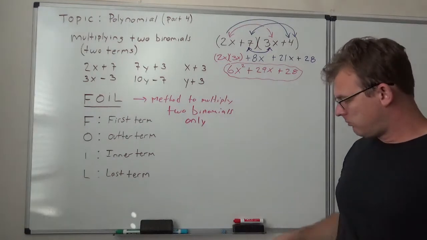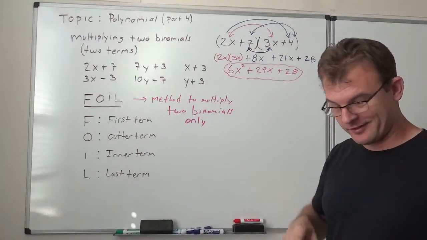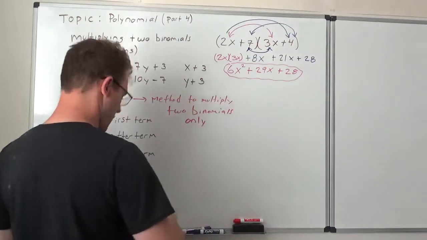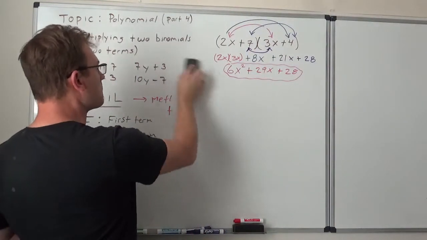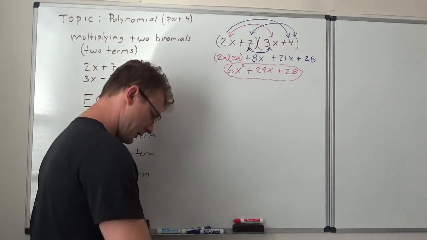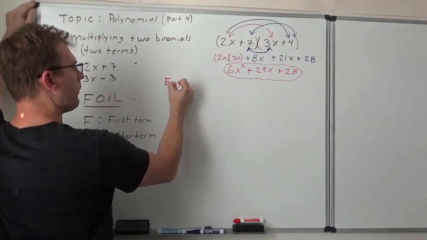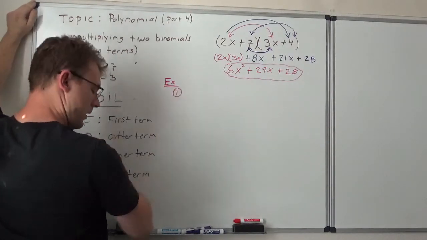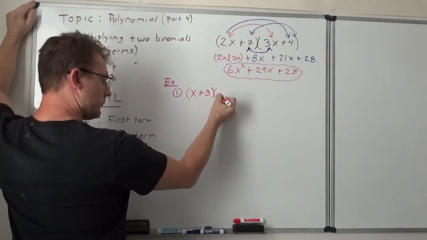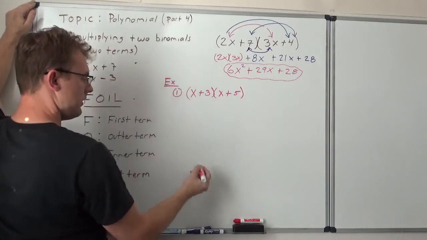I want to go through a lot more of these, and this time I will do it right the first time. So let's try this one. Example 1: x plus 3 multiplied by x plus 5.